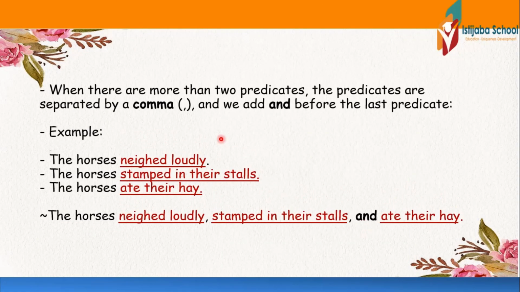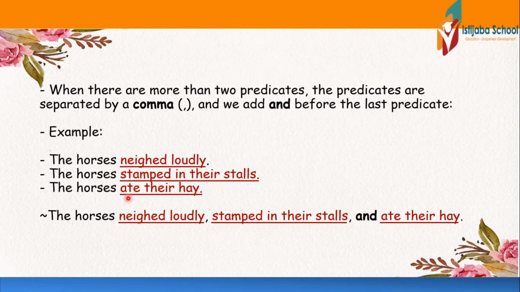The same case also applies in here if I have more than two predicates. I use a comma to separate them and I add and before the last predicate. Let's check the examples. The horses neighed loudly. The horses stamped in their stalls.